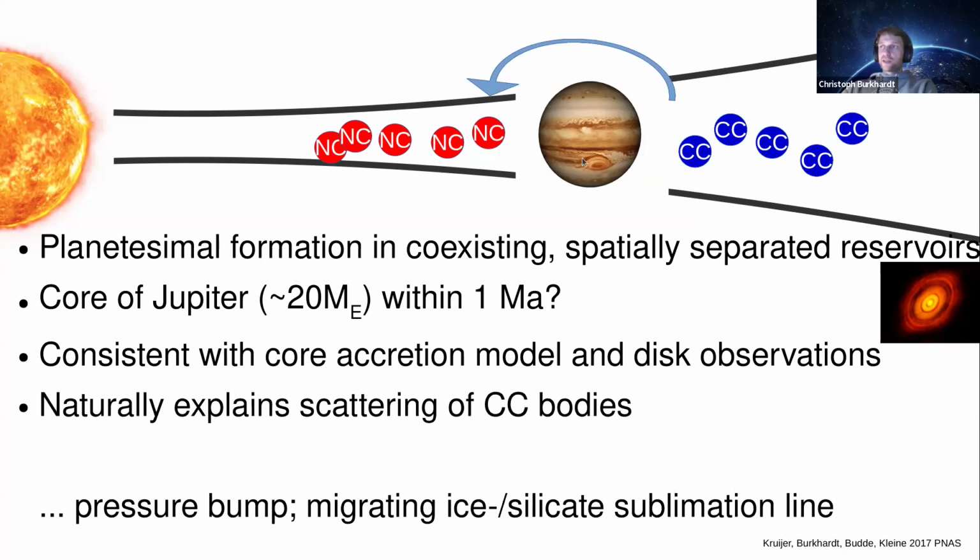But there are also other ideas more generally. If it's Jupiter or not, there must be some kind of pressure bump between these reservoirs that could also be caused by migrating ice or silicate sublimation lines. But for now, we can remain agnostic about what actually caused this separation.